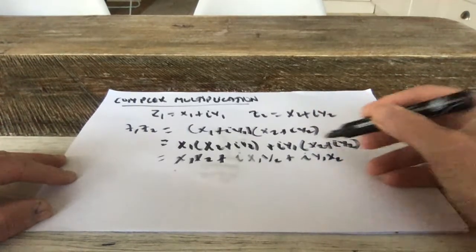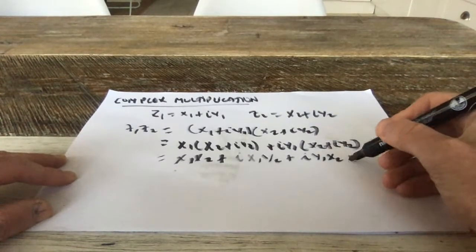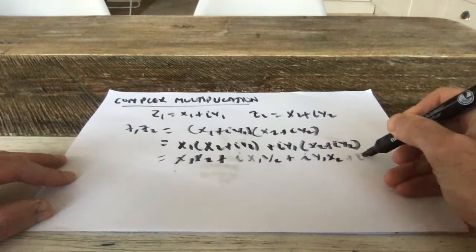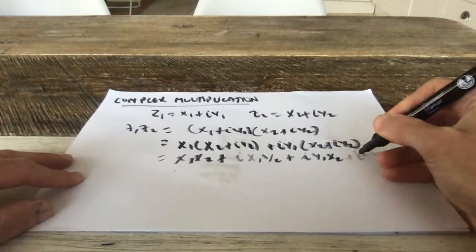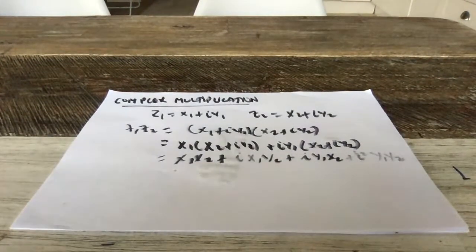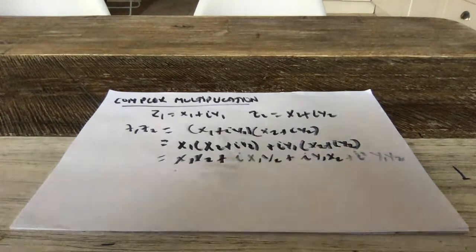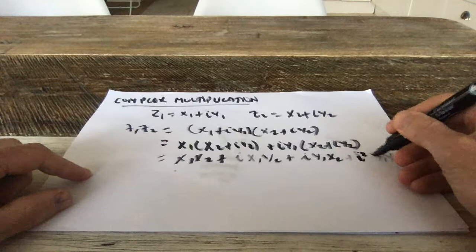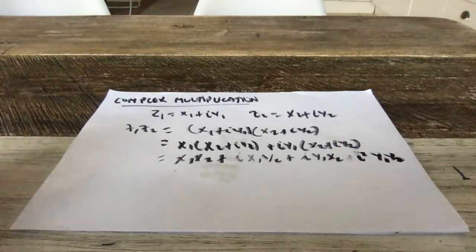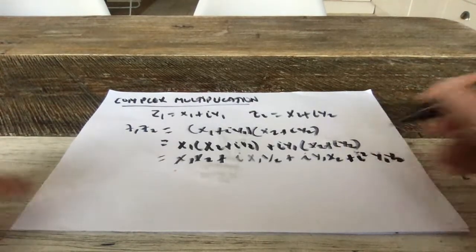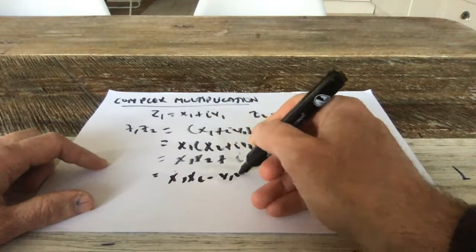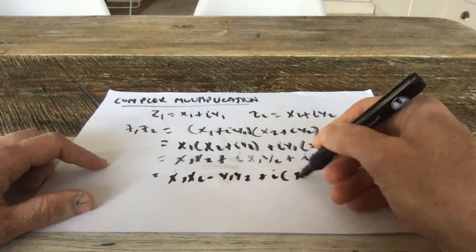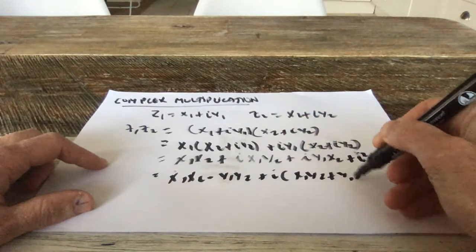And then you have to be careful here: you get i by i, which is i squared, so you get i squared y1 y2. And i squared is minus 1, so what you end up with is x1 x2 minus y1 y2, plus i into x1 y2 plus y1 x2.